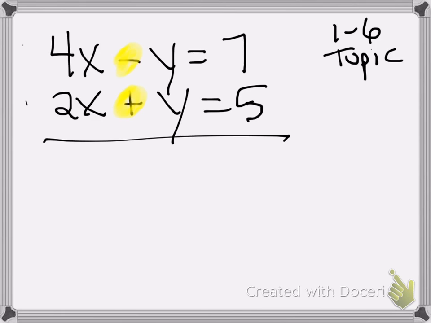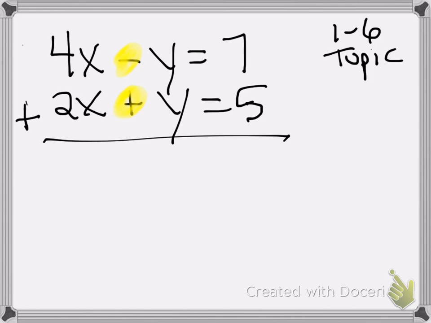Anytime you've got opposite signs on a variable, that's the variable you want to make drop out. When we add a negative y and a positive y, the y's are going to drop out. Later we'll have to make the setup, but right now it's already set up for you.